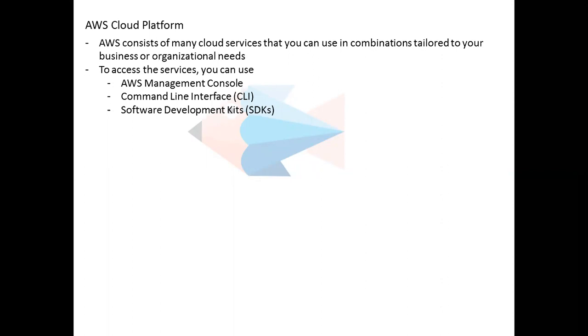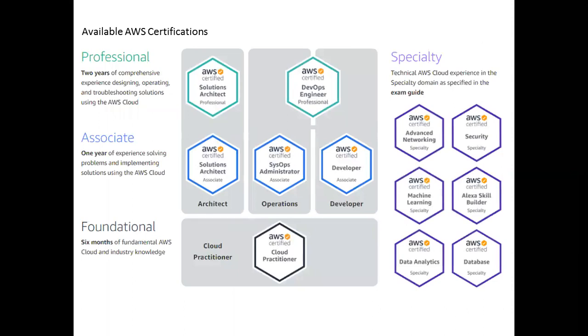And coming to the AWS certifications, we have Cloud Practitioner, which is the foundation one. We have Solutions Architect, SysOps, and Developer under Associate. And we have Solutions Architect and DevOps under Professional. And in specialization, we have networking, security, machine learning, Alexa, big data, data analytics, and database.